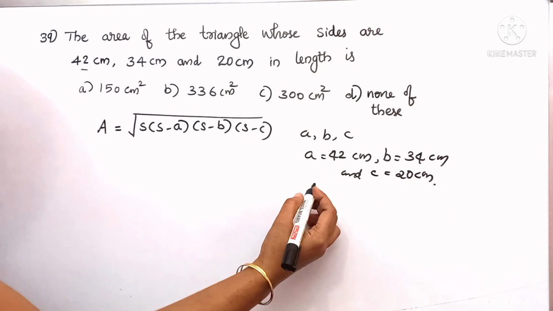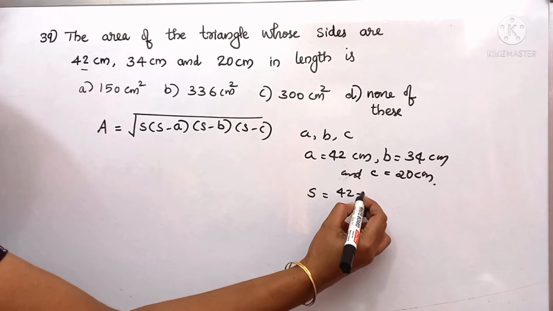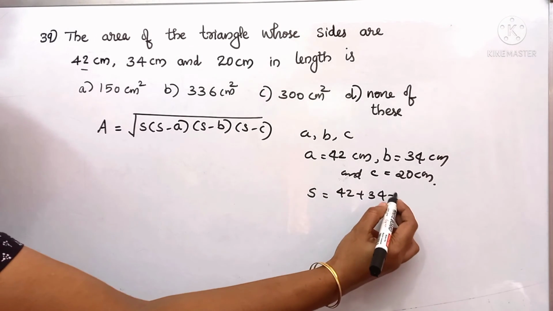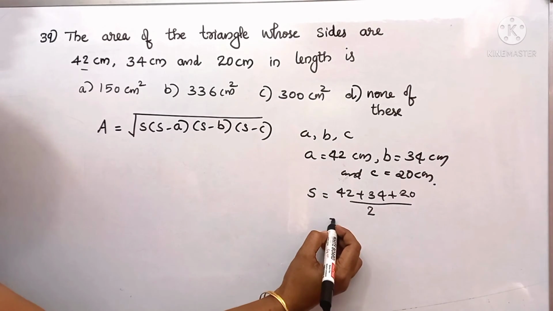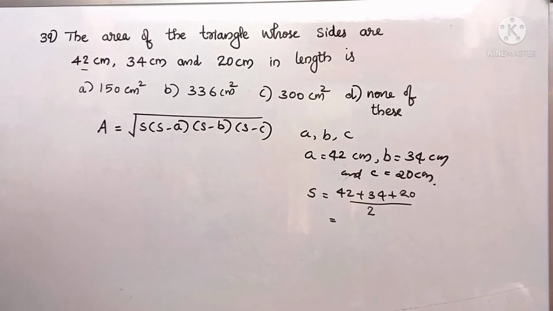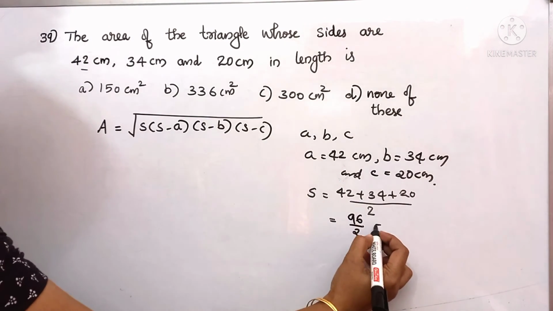We have to find the semi-perimeter. S is equal to 42 plus 34 plus 20 divided by 2. We add 42 plus 34 plus 20 is equal to 96. 96 by 2 is equal to 48.